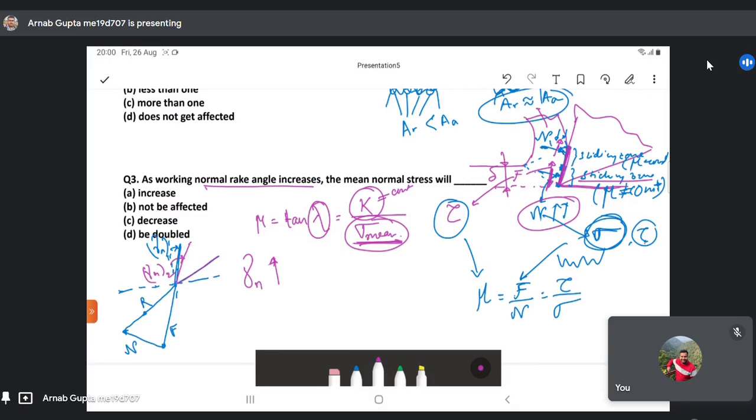So what happens? You can see that the friction force component will be like this. The normal force will decrease. Ideally, R will also vary. However, if you are considering that to be constant, you can see that the normal force decreases, and as a result you can say that the normal stress has also reduced, right?